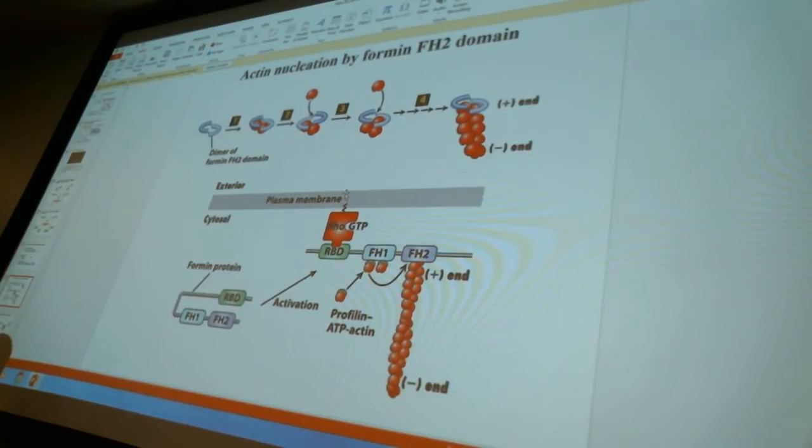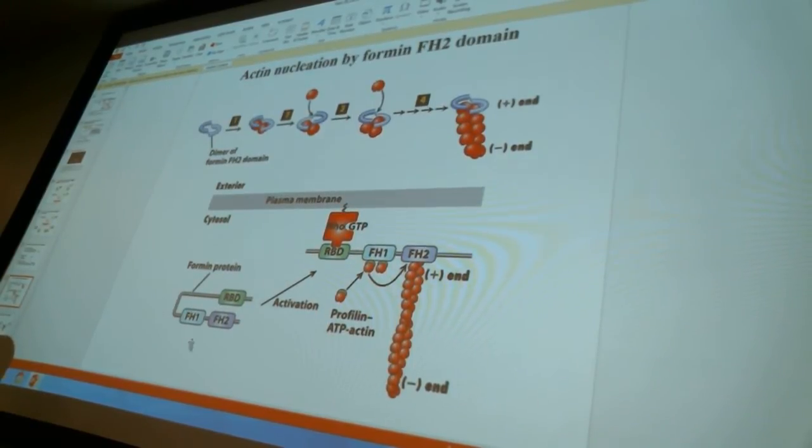Basically, GTPases are all structurally and functionally very similar in the way they are activated and in the way they function. Once activated, they are often recruited to the surface of a specific membrane, like the plasma membrane. And after that, they can interact with the target molecule. Here it is formin, through the Rho binding domain.